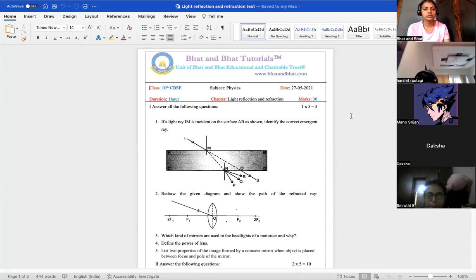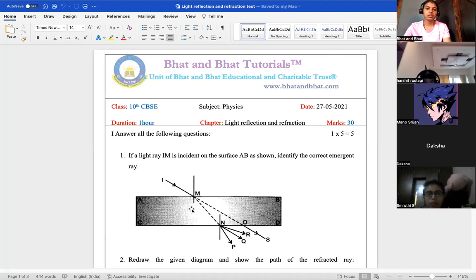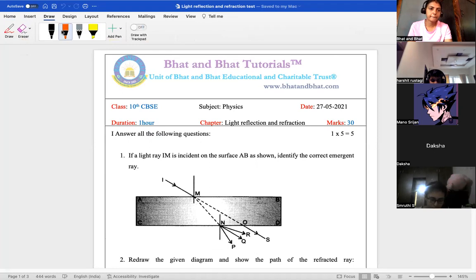Now the question is, if a light ray MIM is incident on the surface AB as shown, identify the correct emerging light.